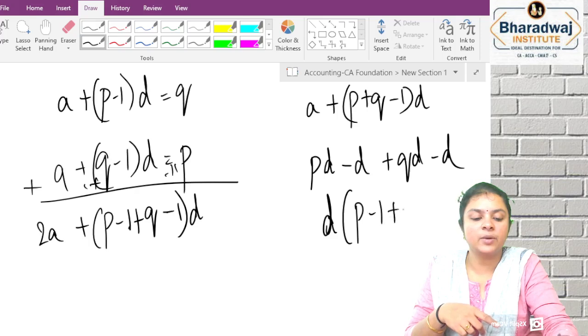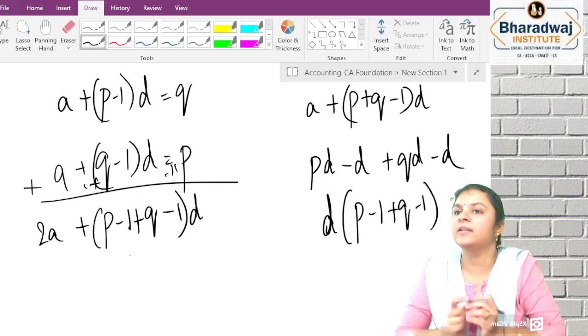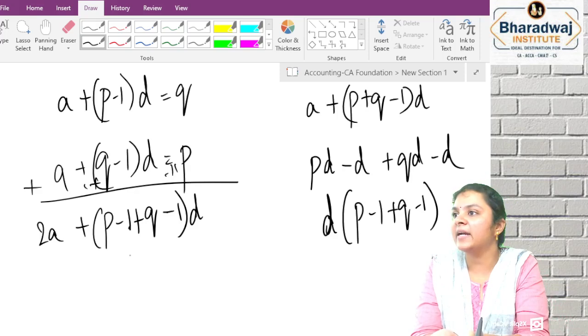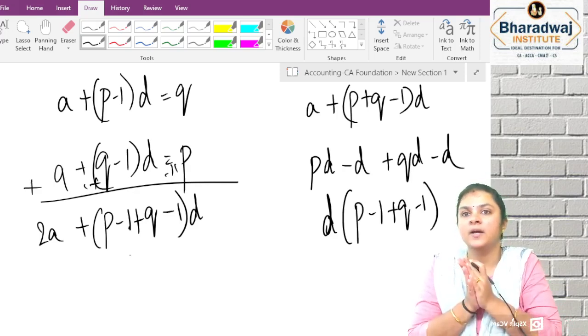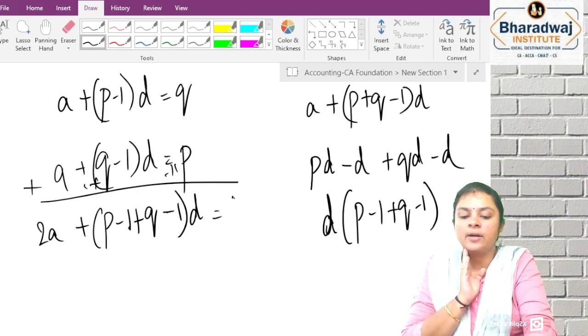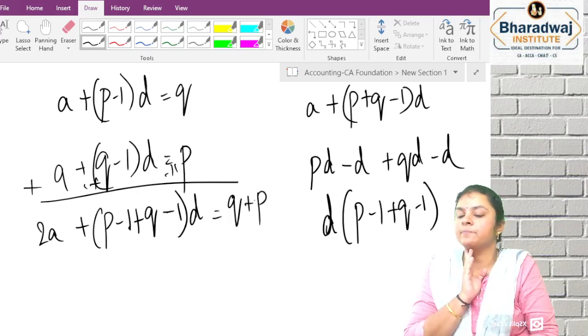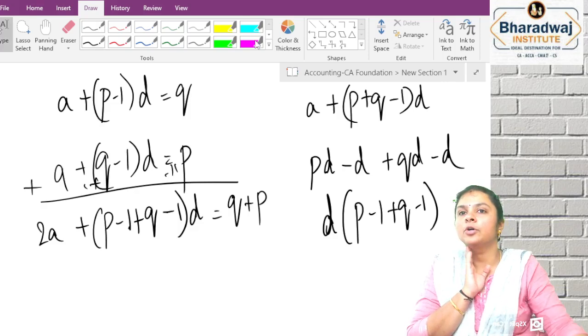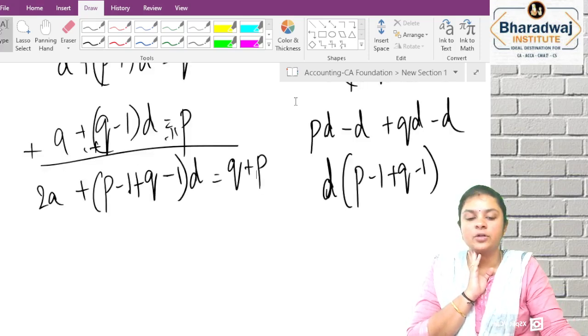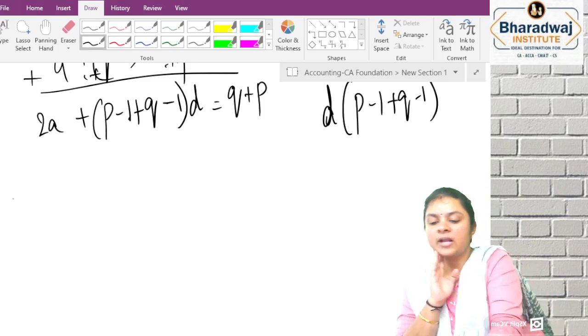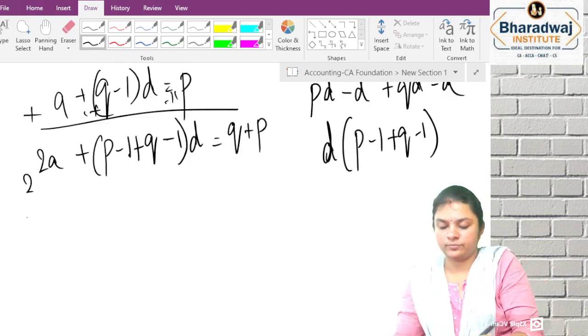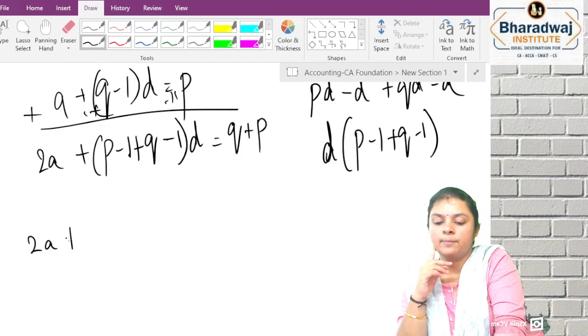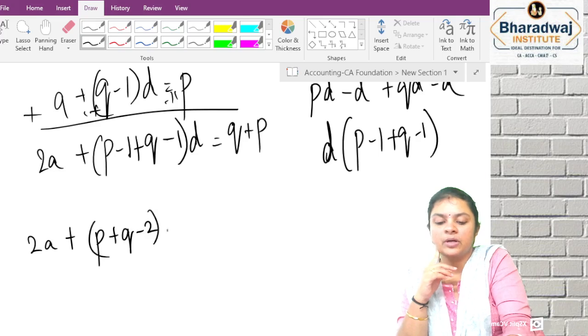P minus 1 plus Q minus 1 within the bracket, D is outside, common. Is equal to Q plus P. So now I can write 2A plus P plus Q minus 2 into D is equal to Q plus P.